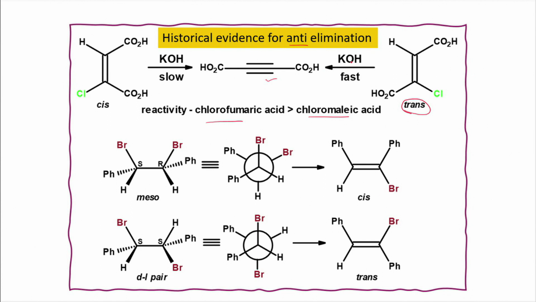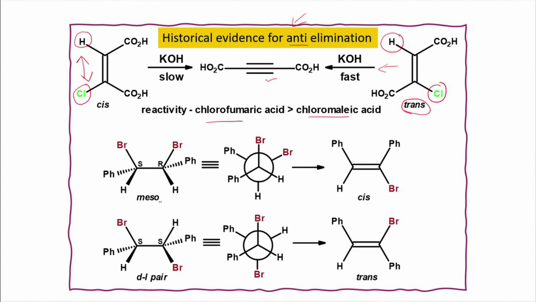The hydrogen and the halide are in the trans or the anti orientation. So, this gives the reaction very fast to give the alkyne, whereas when the hydrogen and the chlorine are in the cis orientation, this reaction was very slow.